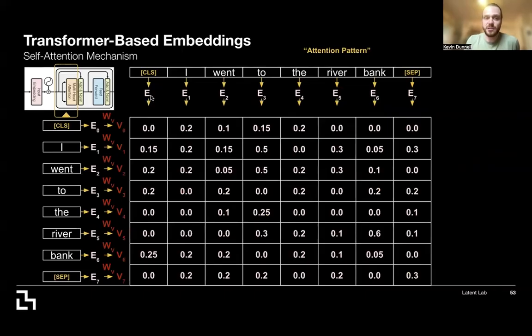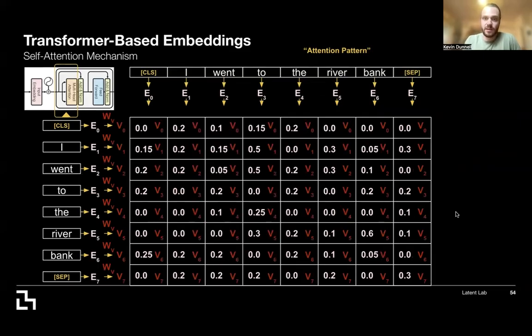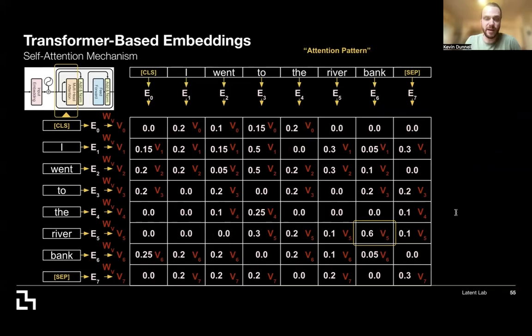Then we take the value matrix and multiply by every one of these embeddings to get a sequence of value vectors. And these vectors are multiplied by the corresponding weight in each column of this attention pattern. So many of these values zero out, but we can also see, for the example again of bank, we're adding a large proportion of the value vector from tokens like the word river, while other tokens like the are being completely zeroed out.